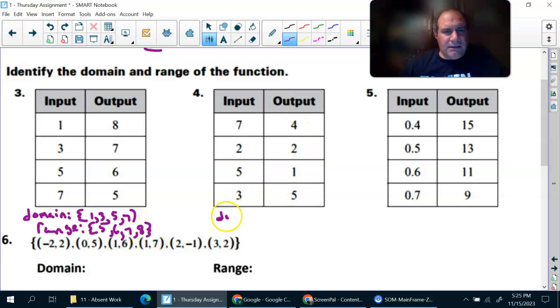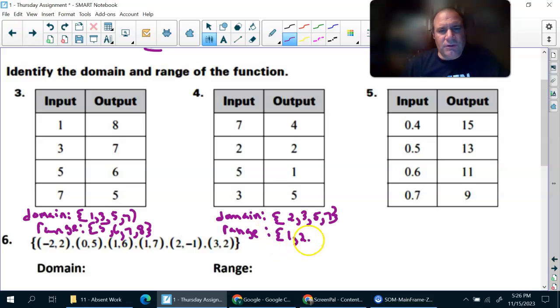The domain is 2, 3, 5, 7, listing from least to greatest. And then the range, listing from least to greatest, is 1, 2, 4, and 5. Nothing repeats, so you're just listing least to greatest for the domain.